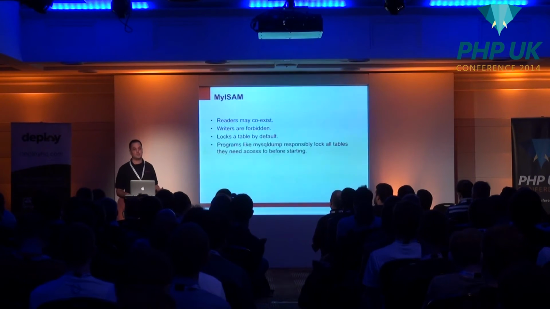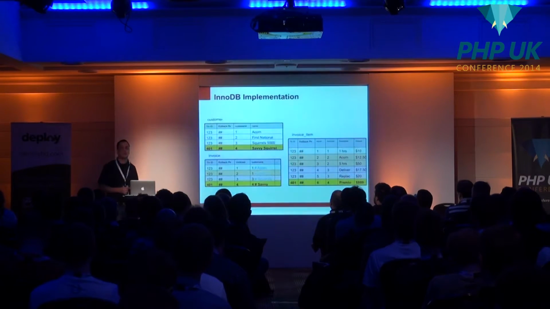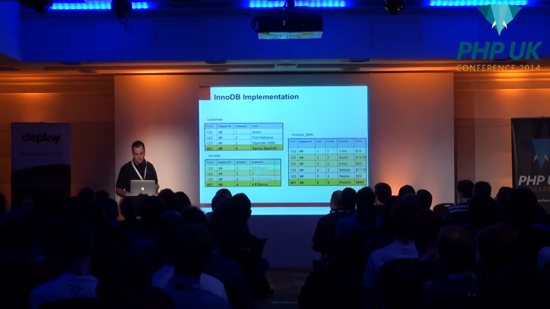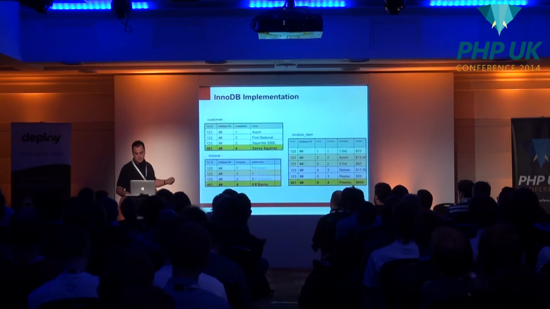Let's look at another way of solving this problem, and let's look at the InnoDB storage engine for MySQL. And actually, most other databases behave a little bit closer to this. What we have here is the same data, but in the row header, there's some hidden metadata, a couple of extra columns, where we have a transaction ID and a rollback pointer. The transaction ID is the important point here.